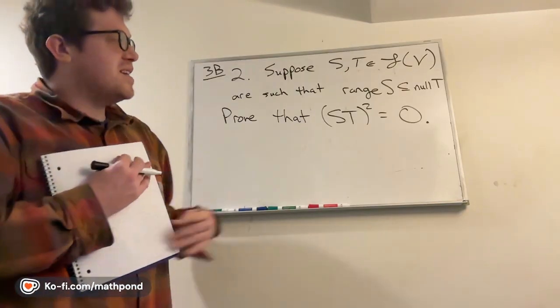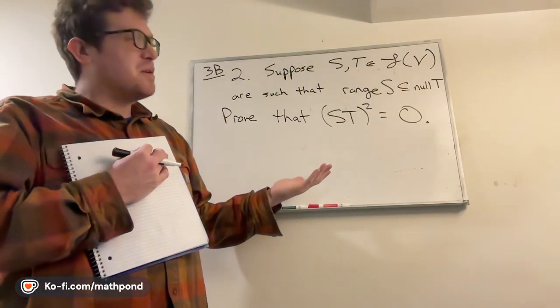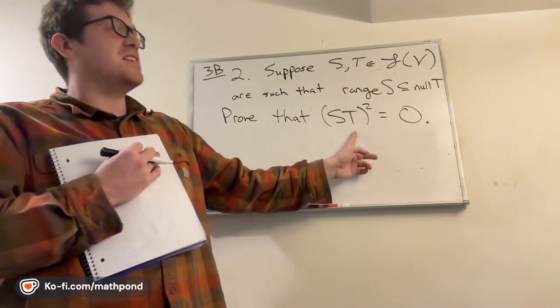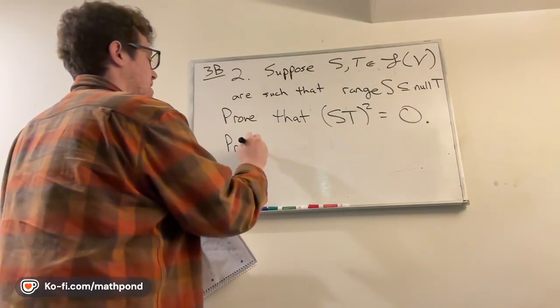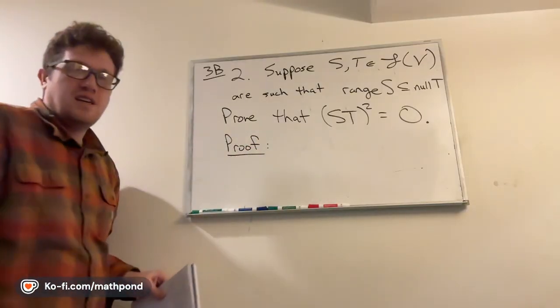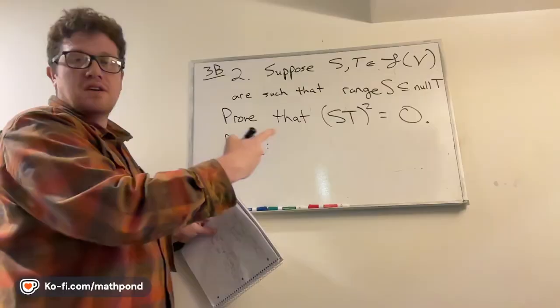Okay, so why is ST squared 0? I think this problem's a little bit cute because, so what is ST squared here? ST squared is really, we have associativity under composition, right?